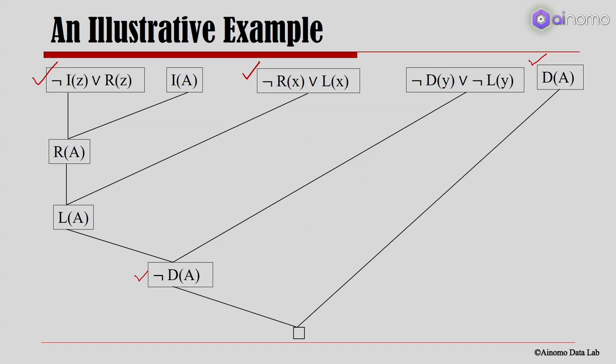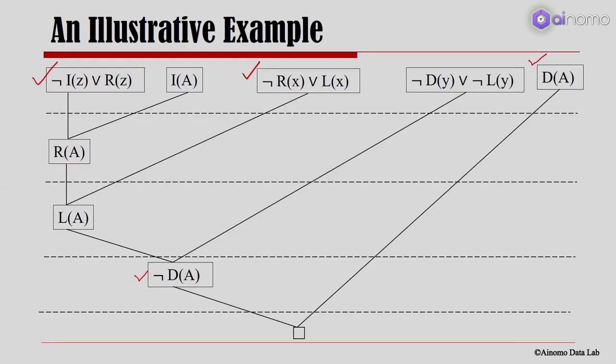Now, with this illustrative example, let us try to look at the different strategies that we have identified for discussion here today, and try to understand how does one arrive at the empty clause in each of the strategies.